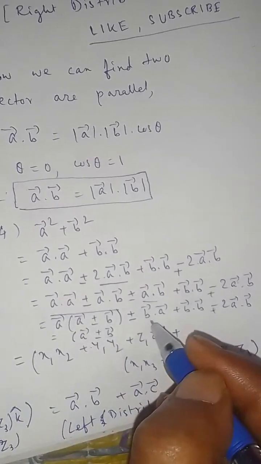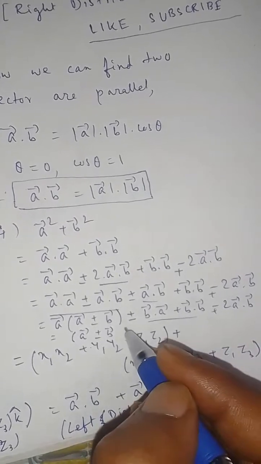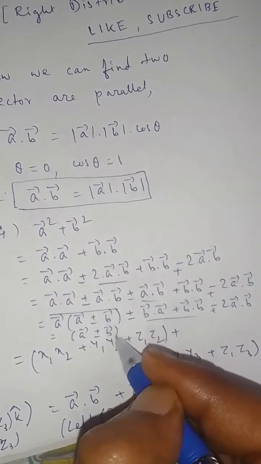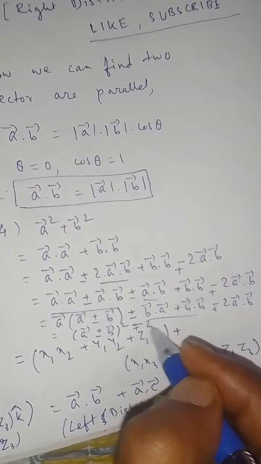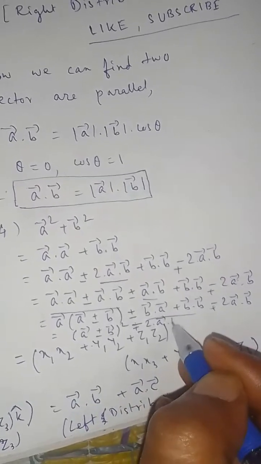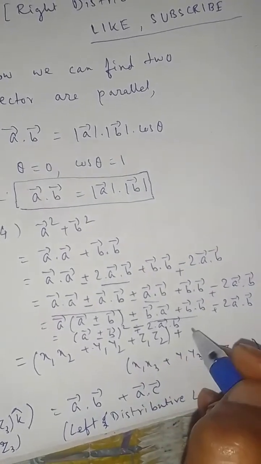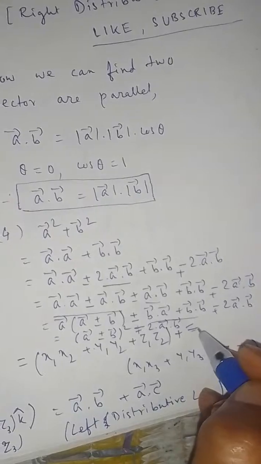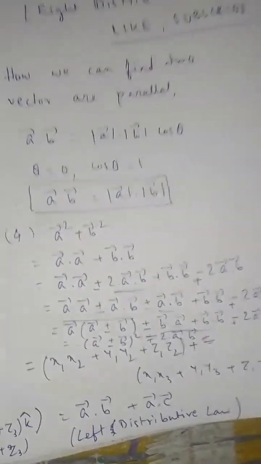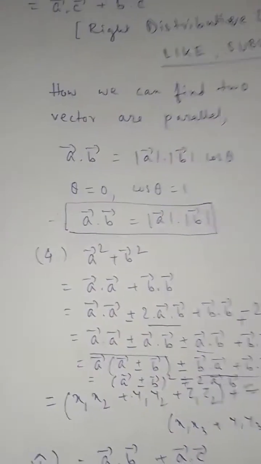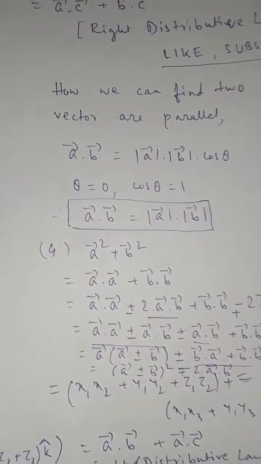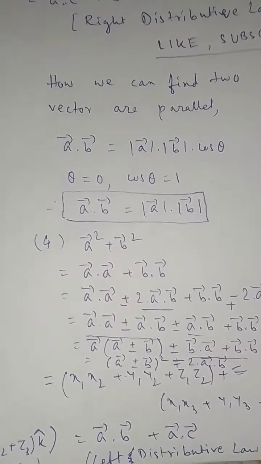We can use the left distributive law again, so it will give a vector plus minus b vector square minus plus 2 into a vector dot b vector. This is our another formula. We can use algebraic formulas or establish algebraic formulas in scalar products, and can prove this through the commutative law and the distributive law.